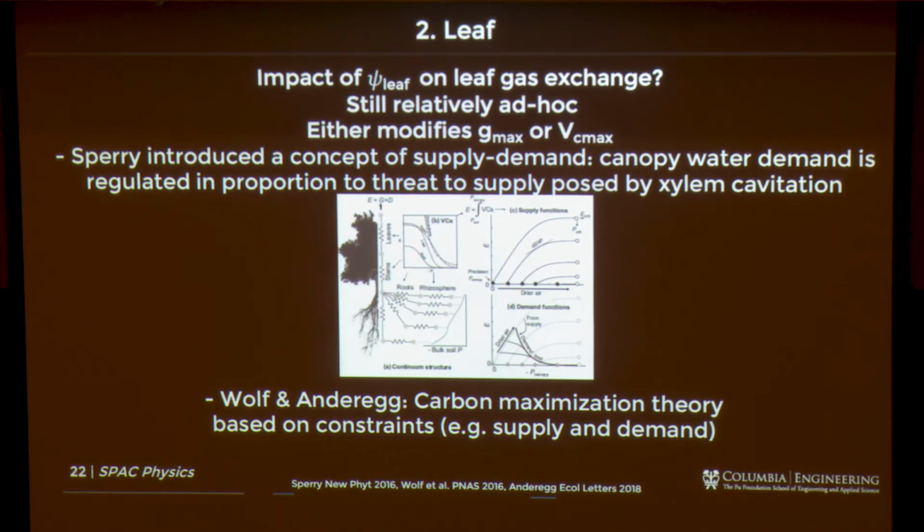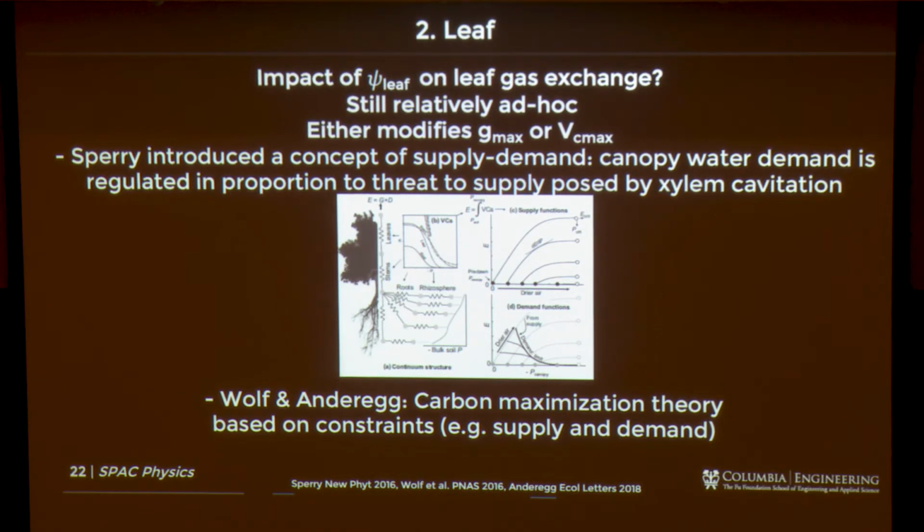Here are some other things that are a little bit more sophisticated and maybe more physically based, like the idea of Sperry, which is based on supply and demand for that regulation of conductance, or the idea of Wolf and Bill Anderegg here on using a carbon maximization theory based on different constraints. Those are different ideas to implement the way stomata will respond to either the dryness of the air or dryness in the soil.